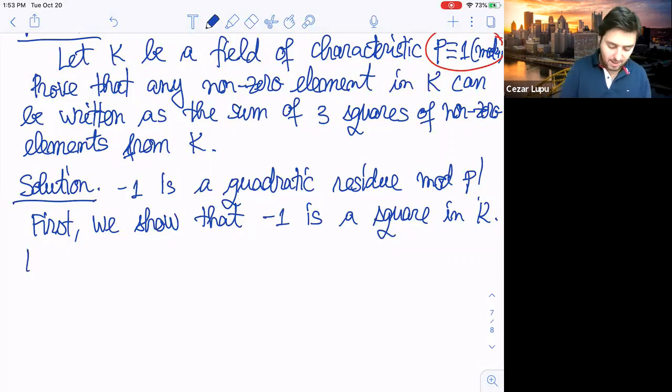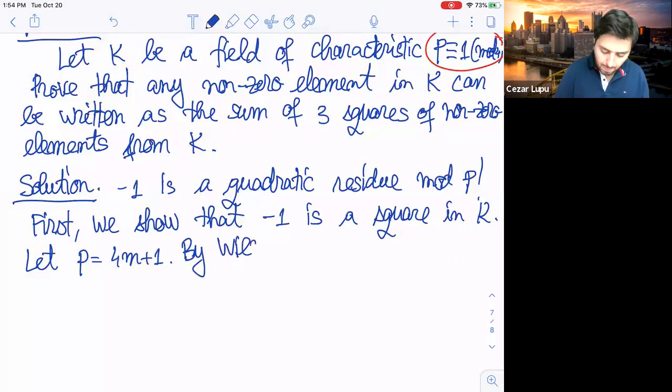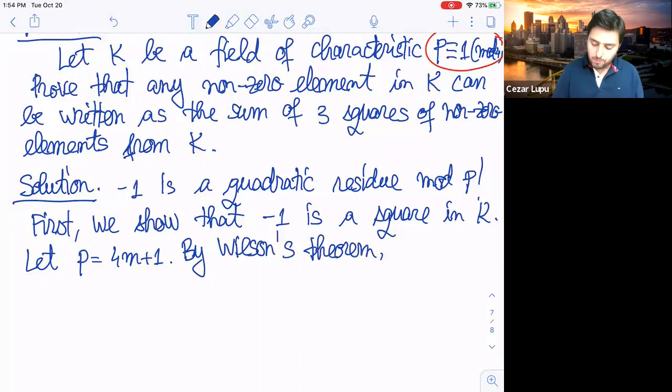So that was the idea. Let P be 4m plus 1, and now we just mimic the same idea from there. By Wilson's theorem, we know that P divides (P minus 1) factorial plus 1. Basically, it's just number theory.